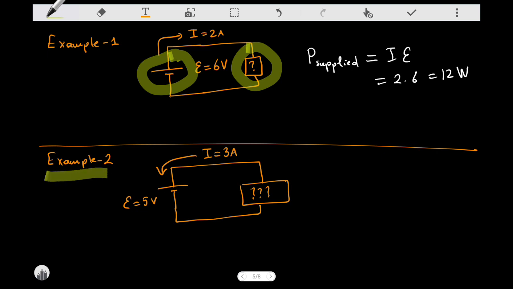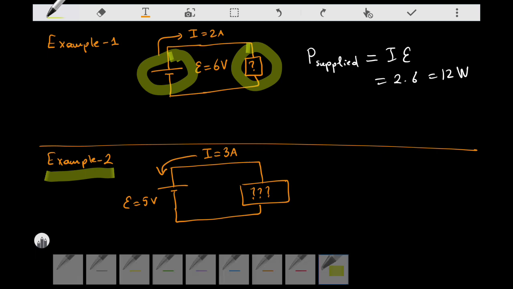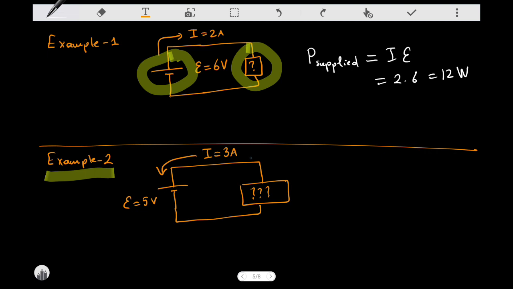Okay, let's go to the second example. In the second example, we have more or less the same kind of a thing, but this time the current in the opposite direction is a positive quantity. So 3 ampere current is flowing like that. In that case, I can describe this as a current which is flowing in the other direction, which is minus 3 amperes.